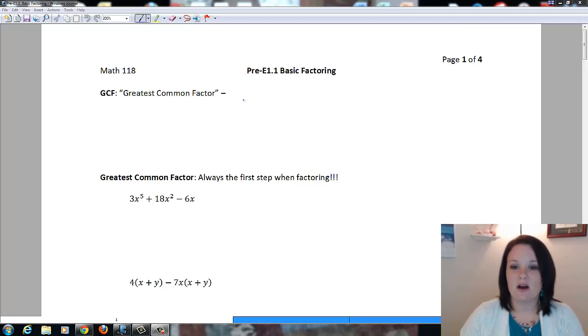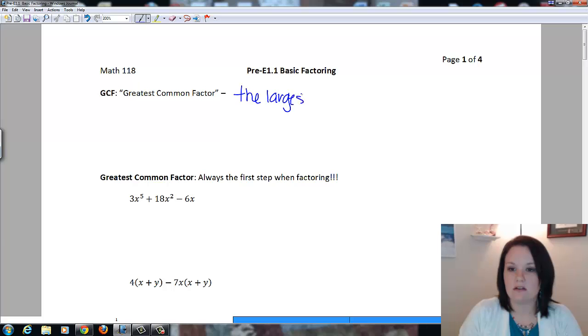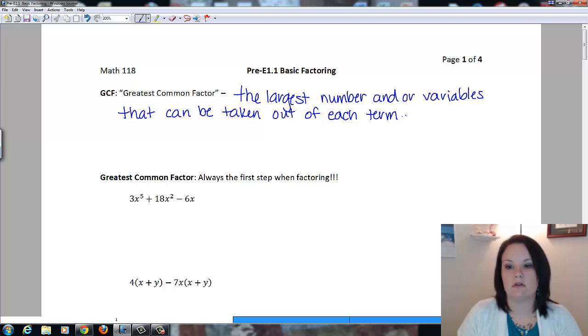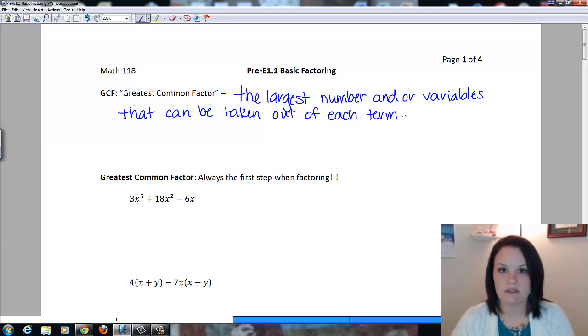The greatest common factor is the largest number and/or variables that can be taken out of each term. Okay, so that's what we'll look for first, always.